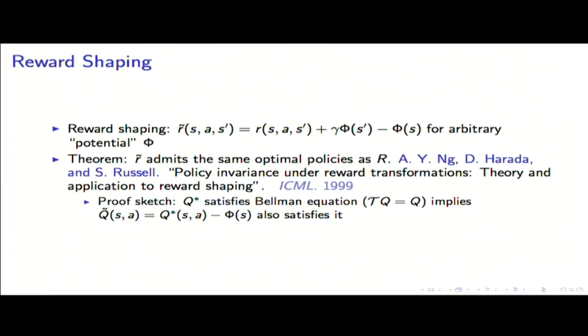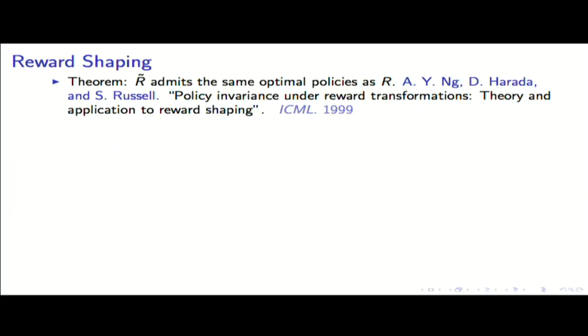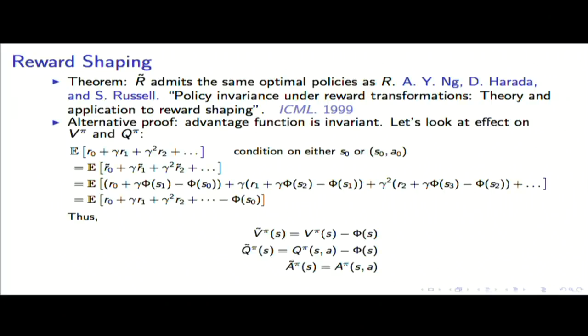So if you execute the same policy that you were executing before, the Q function gets shifted by this potential phi, and the new Q function still satisfies the Bellman equation. If you want to find the proof, you can look at that paper.